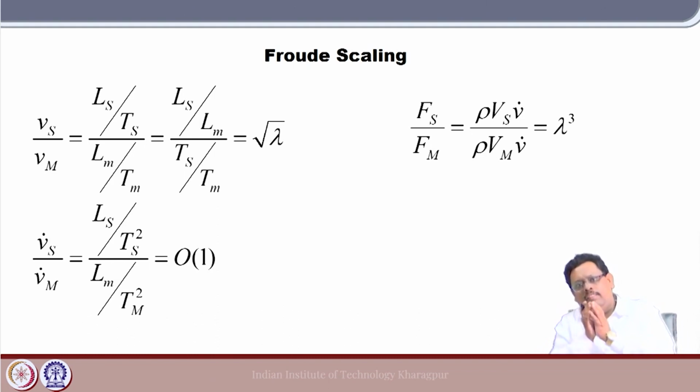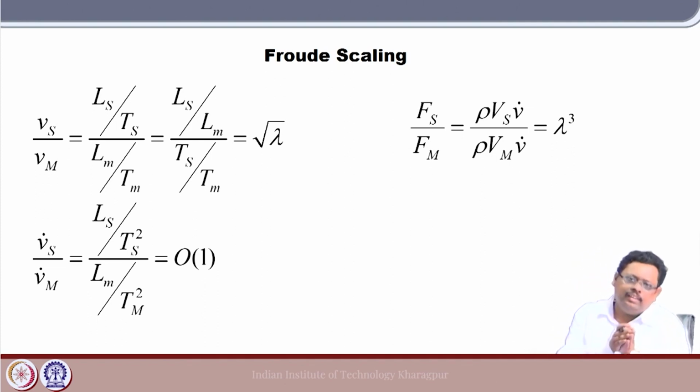Essentially, the ratio of the volume is multiplied by the ratio of the acceleration. From my previous slide I know that the ratio of the volume is lambda cube, and acceleration is order of 1. Therefore, I know that my force is order of lambda cube, right.